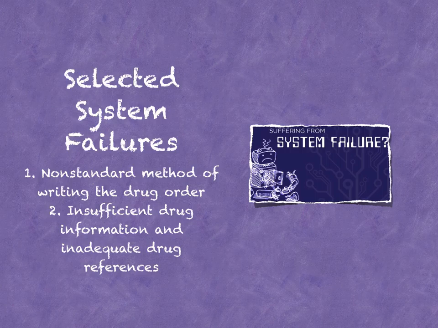The non-standard method of writing the drug order resulted in an order written for Miguel of benzathine penicillin G 150,000 units IM. The physician's method of writing the order was unusual.